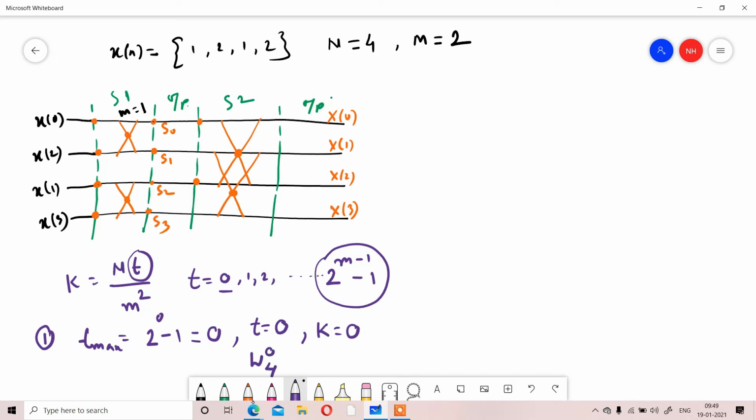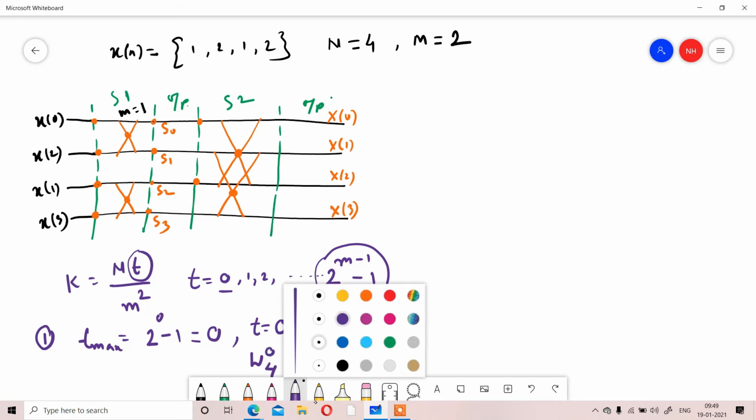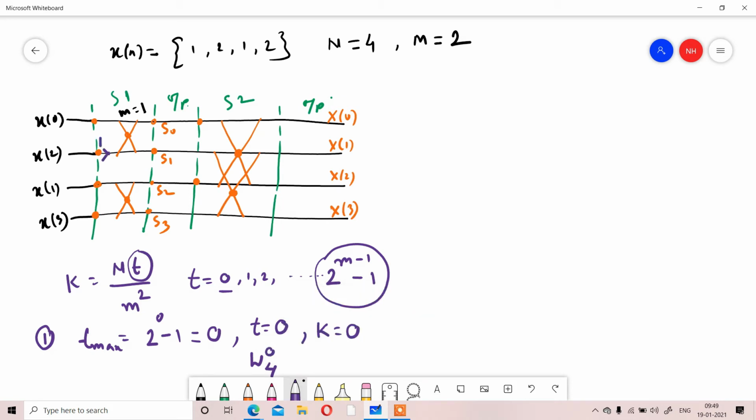It will be w4 as we have 4 number of samples. So keep in mind, for first stage, for each set of butterfly, the w value will start as w to the power 0. That means this value will be w4 to the power 0.